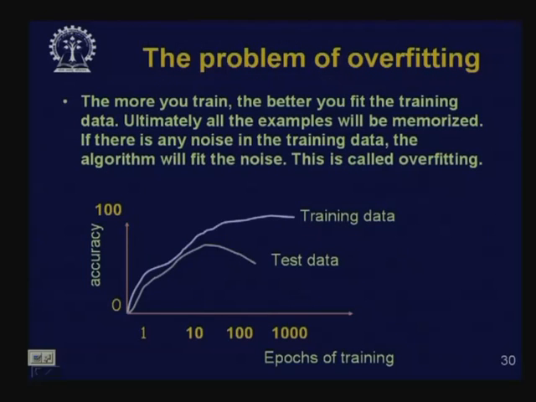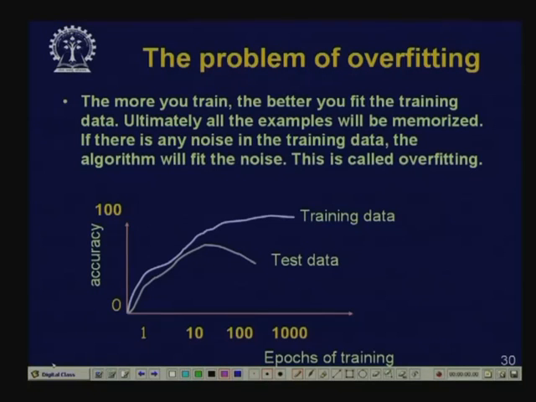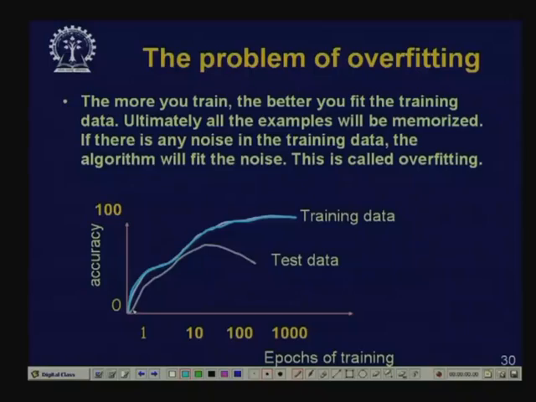Now, if you test the accuracy on your training data, you will usually note that as you train more and more, the accuracy on the training data increases. However, if you go on increasing the accuracy on the set of training data, what might happen is that the accuracy on unseen data increases up to a point and then reduces.